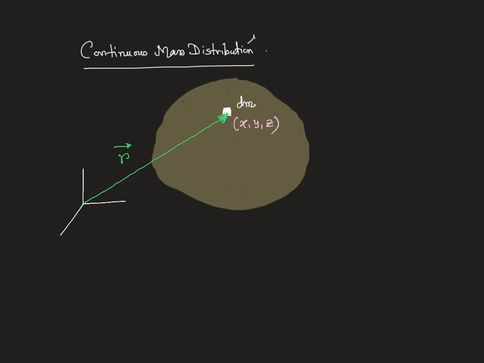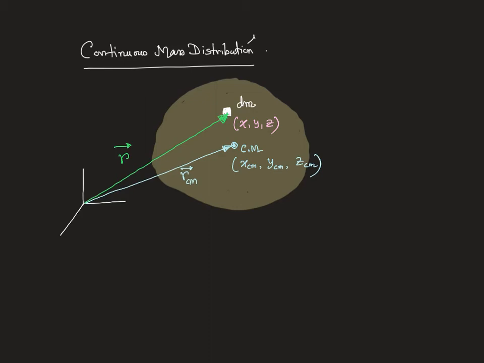The center of mass is expected to be somewhere there. This is rCM, the position vector of CM, having coordinates xCM, yCM, and zCM respectively.